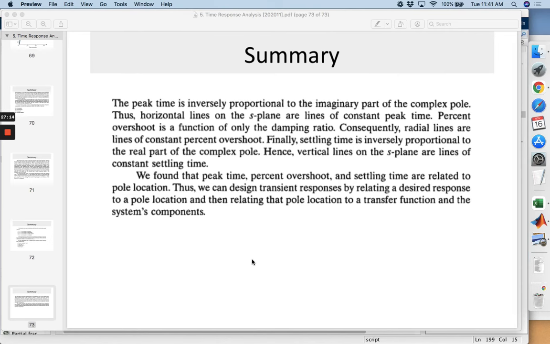However, if the zero is located much further away from the dominant poles, the effect of the zero on the transient response is much less, and if it is much further to the left, we can ignore the effect of the zero on the overall system.